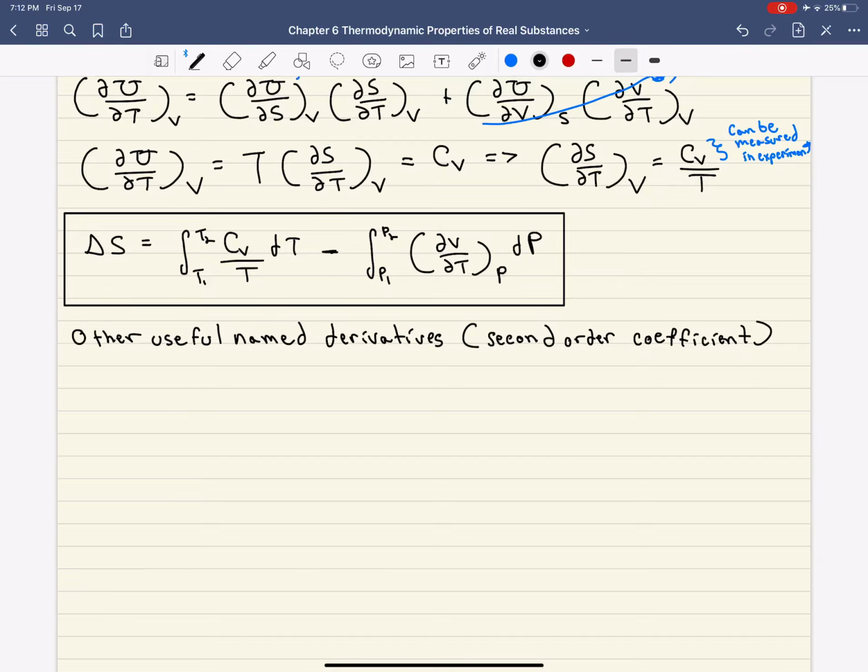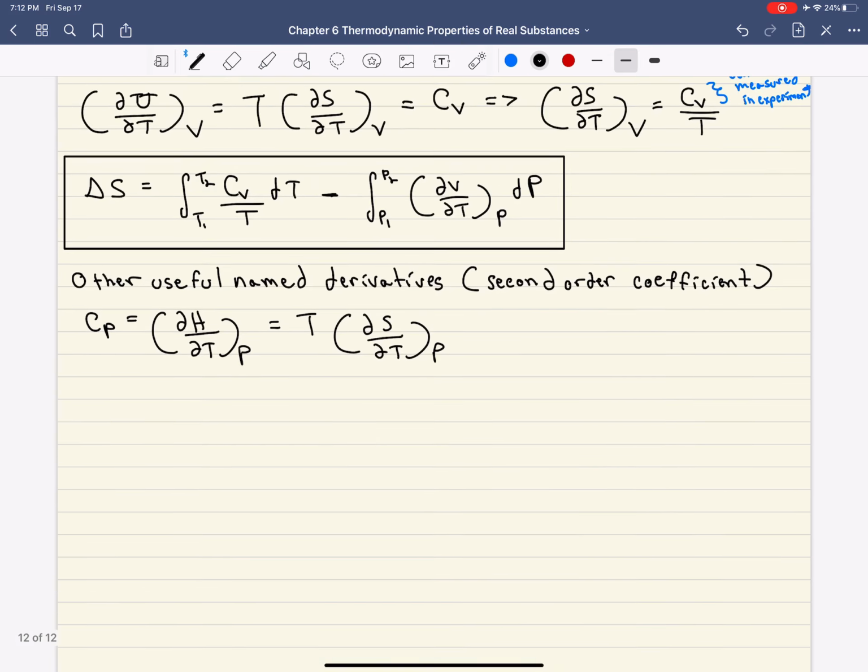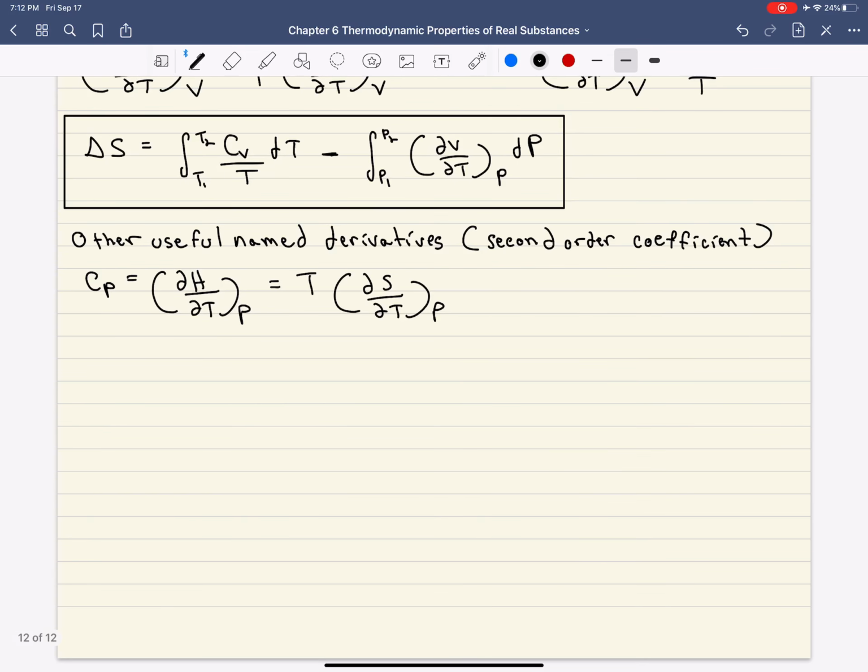Some other ones that you've seen before: the constant pressure heat capacity is just the partial derivative of enthalpy with respect to temperature at constant P. Using our various mathematical relationships, we could show that this is just equal to T times the partial derivative of entropy with respect to temperature at constant P. So that's one we've seen before.